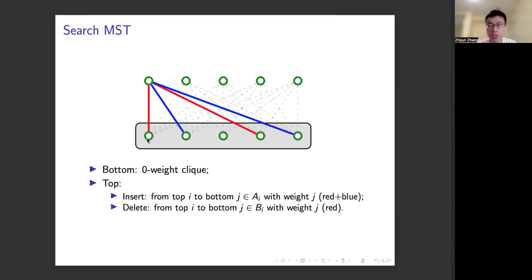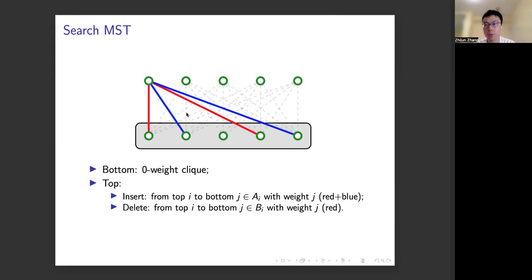That is, it always contains a spanning tree for this clique at the bottom. And for each top vertex i, it will pick the blue edge with the minimum weight. That is the minimum weight edge that is never removed.